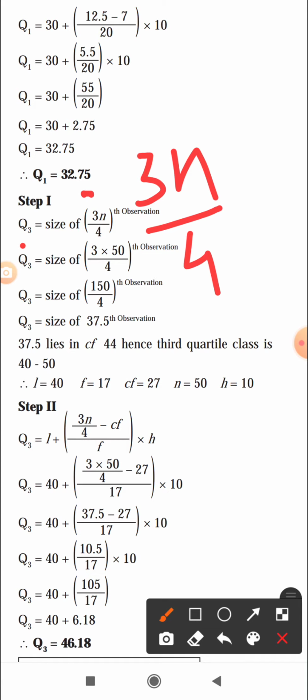So 3n, the value of n is 50, so 3 into 50, 150 upon 4.